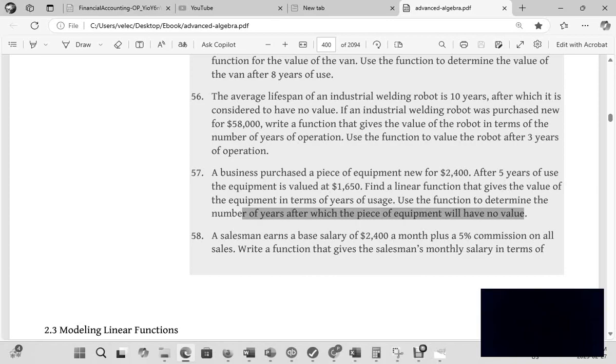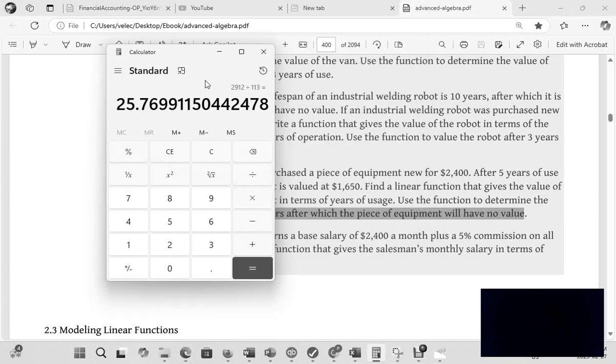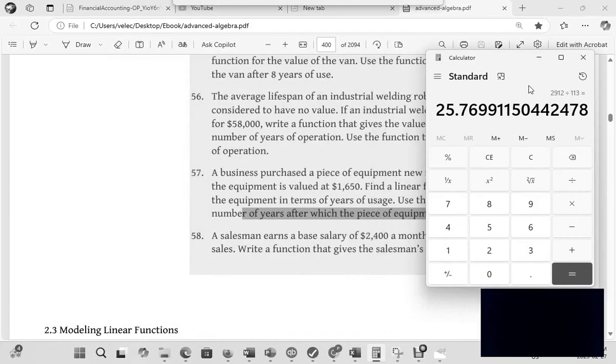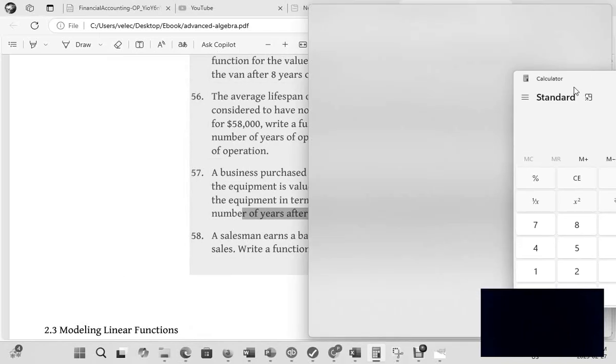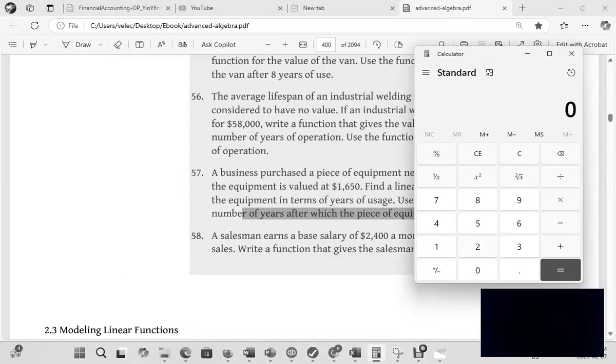We know that the new equipment was $2,400, and the depreciation is basically at a rate of 1650 divided by 5, because it took about 5 years for the equipment to depreciate to 1650. The original value is 2,400, so 2,400 take away 1650 is a total of 750 divided by 5. So that's $150 depreciation expense.